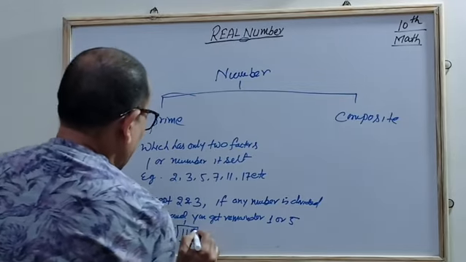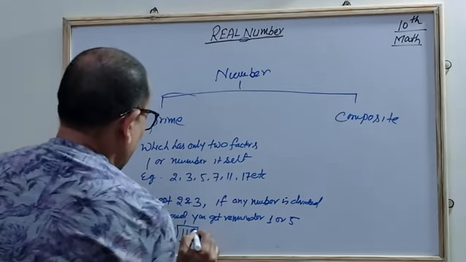So 2 12s are 24. Again, okay, so the prime factorization of 24 will be 2 into 2 into 2 into 3, correct?